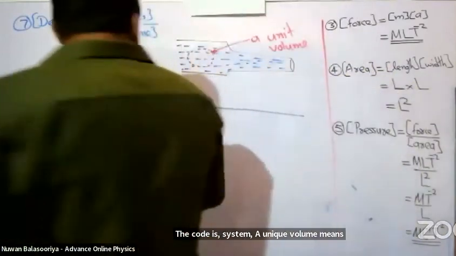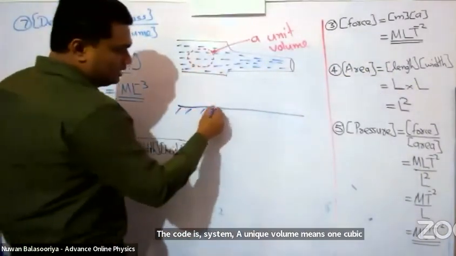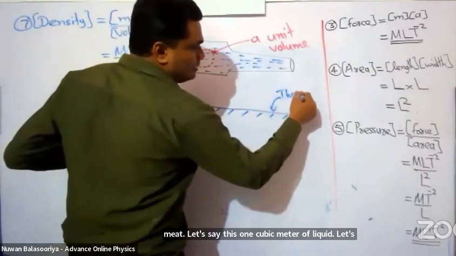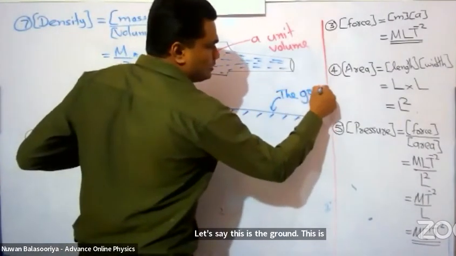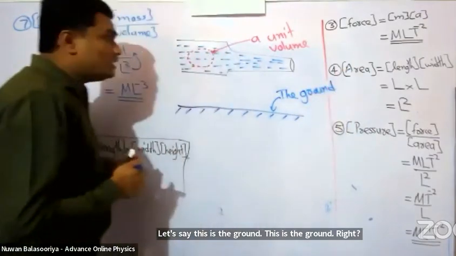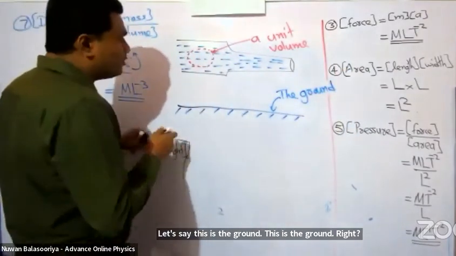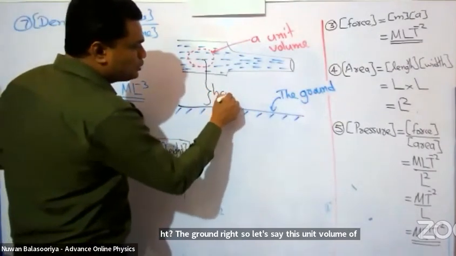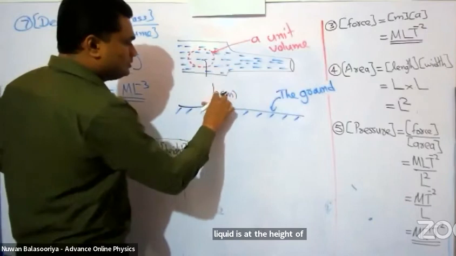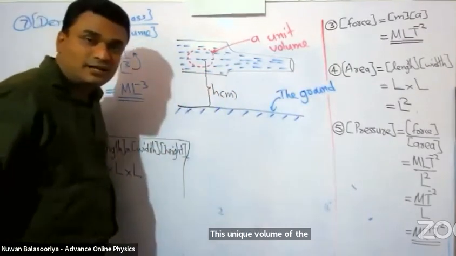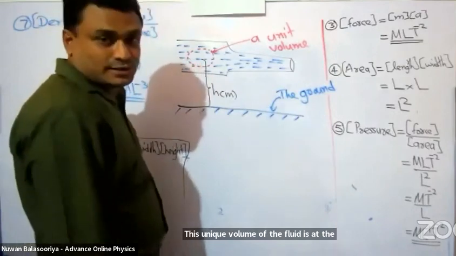Let's say this 1 cubic meter of liquid, let's say this is the ground, right? So let's say this unit volume of liquid is at a height of h meter from the ground.